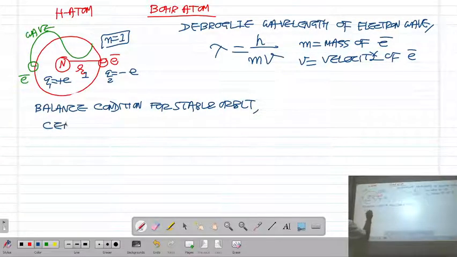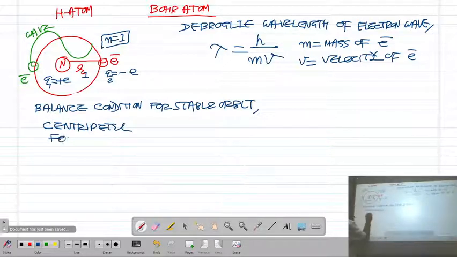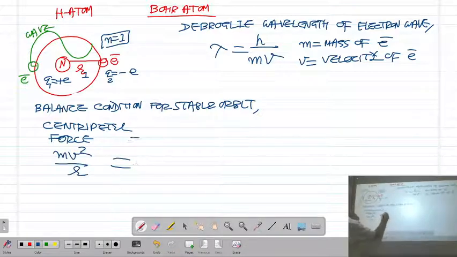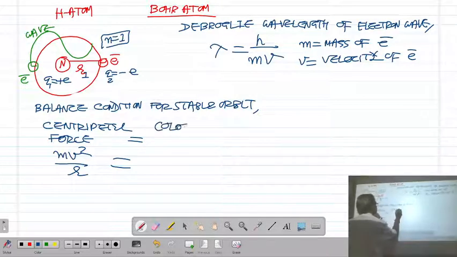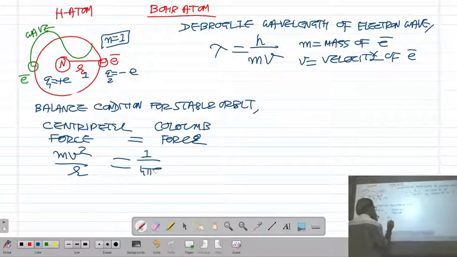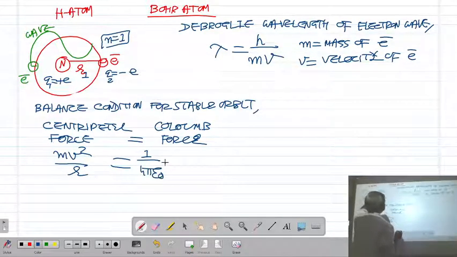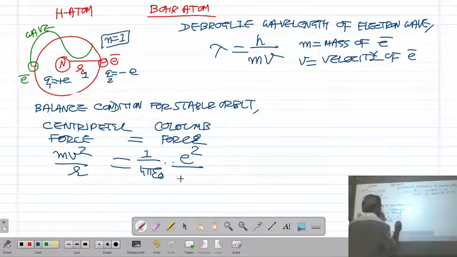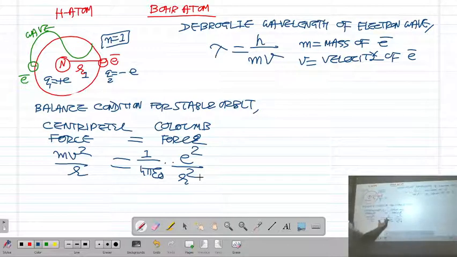The centripetal force, mv square upon r, required for the orbital motion of the electron around the nucleus is obtained from the Coulomb force between the nucleus and the electron. The Coulomb force is 1 upon 4 pi epsilon 0, charge of nucleus e into charge of electron e, upon r square. This is called the balance condition.